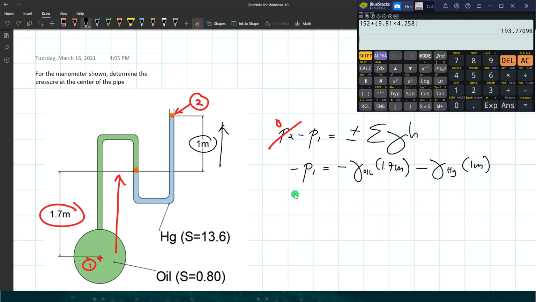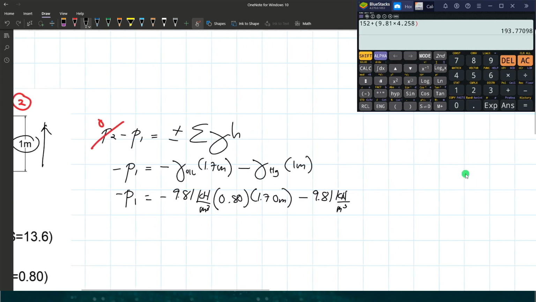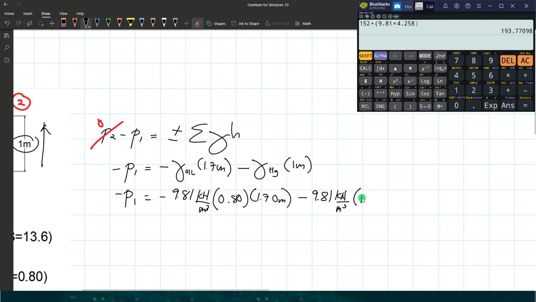Okay, so negative P1 equals negative 9.81 kilonewtons per cubic meter, or unit weight of water, multiplied by the specific gravity of the oil, which is 0.8, times 1.7 meters, minus 9.81 kilonewtons per cubic meter multiplied by the specific gravity of mercury, 13.6, times 1 meter.